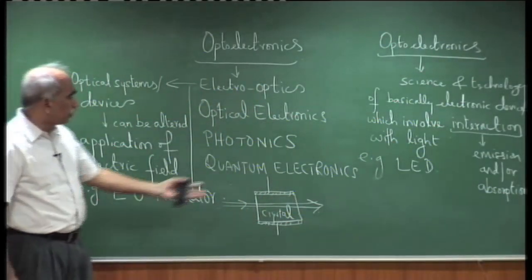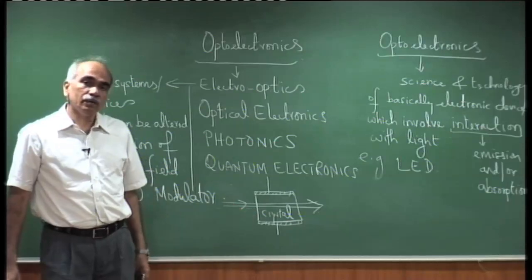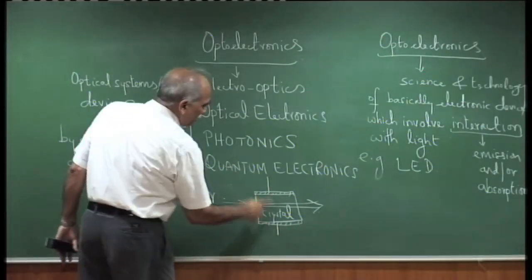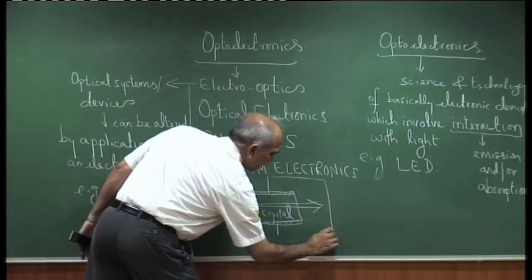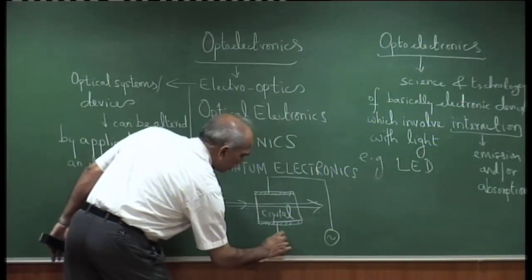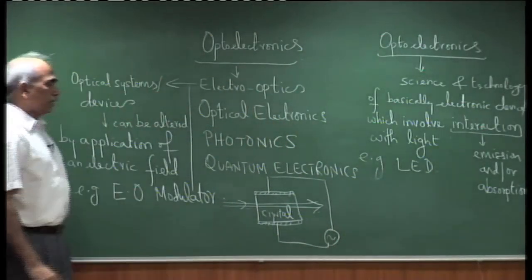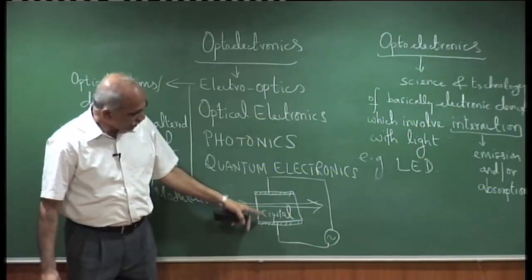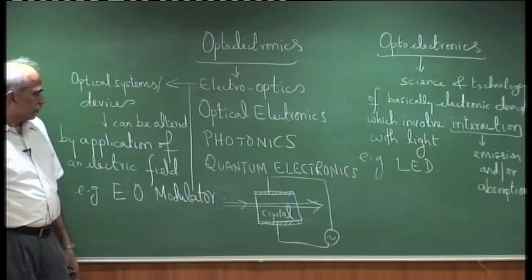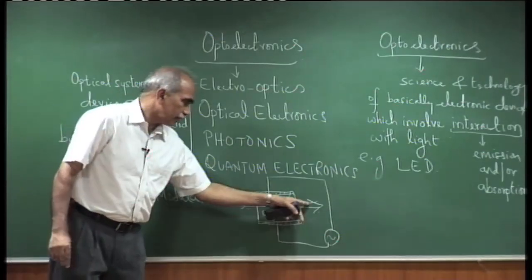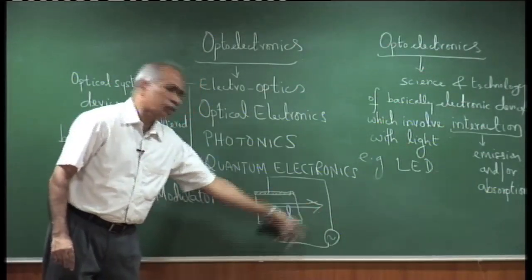For example, the polarization can be modulated. The application of the electric field here, so this is an E field, leads to variation in the refractive index of the medium, and that can result in variation of the phase of the light.